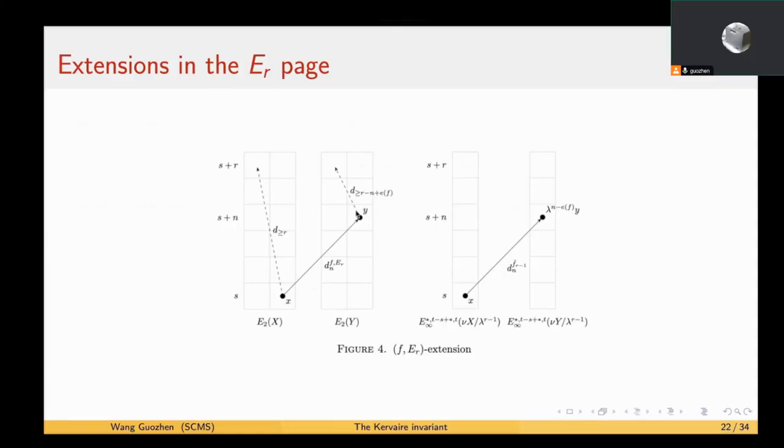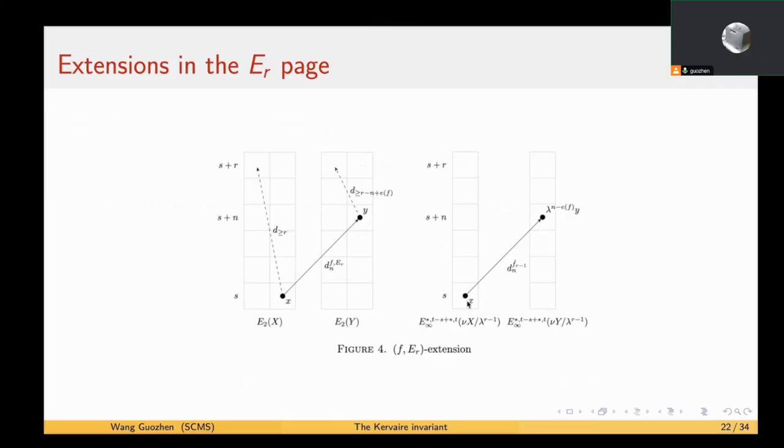So here is the illustration of a d_n^{FER} differential from x to y. So the condition is this. In the Adams spectral sequence, we require that x survives to the E_r page. So any differential supported by x has length greater or equal than r. And also we suppose y survives to the E_{r-n+e(f)} page.